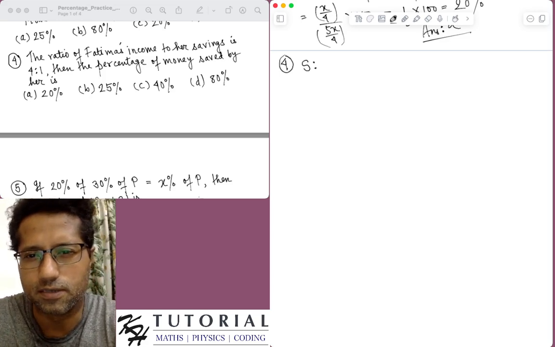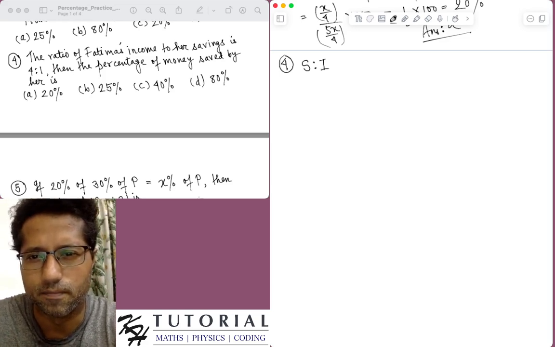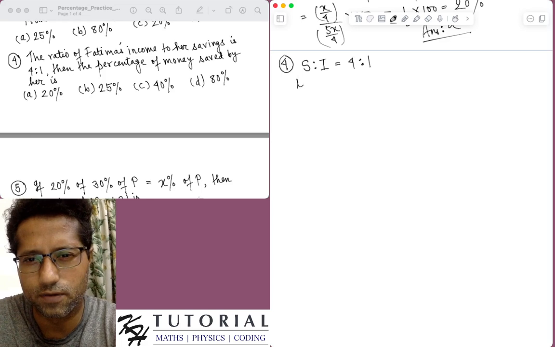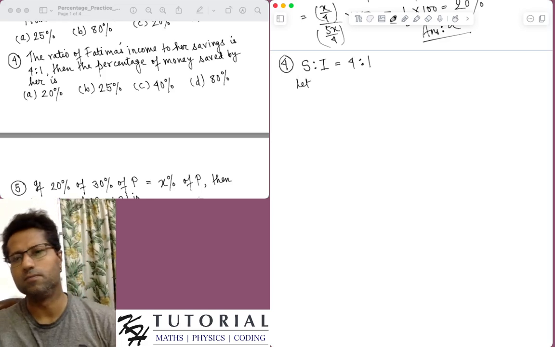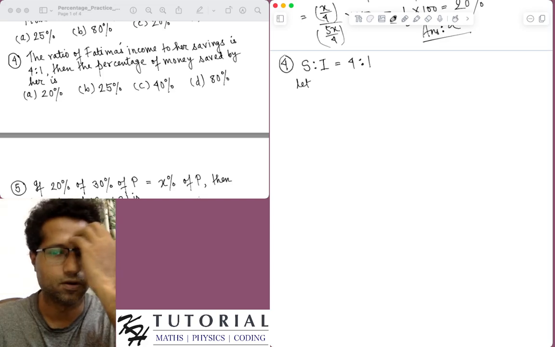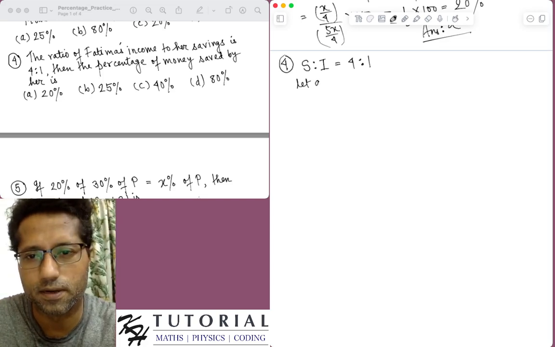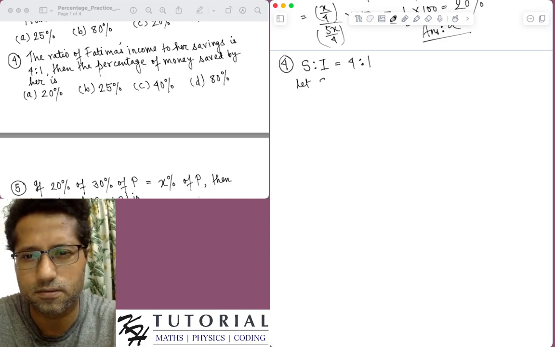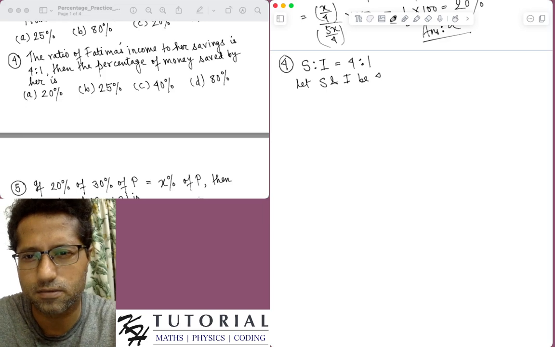It is given that savings is to income is 4:1. Fine. Now in a ratio problem, when a ratio is given between two quantities, here S and I, we can always assume that S and I be 4x and x.